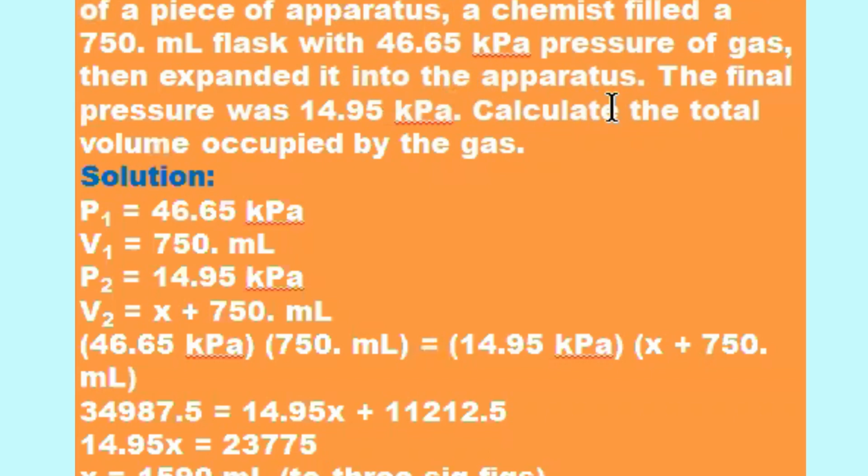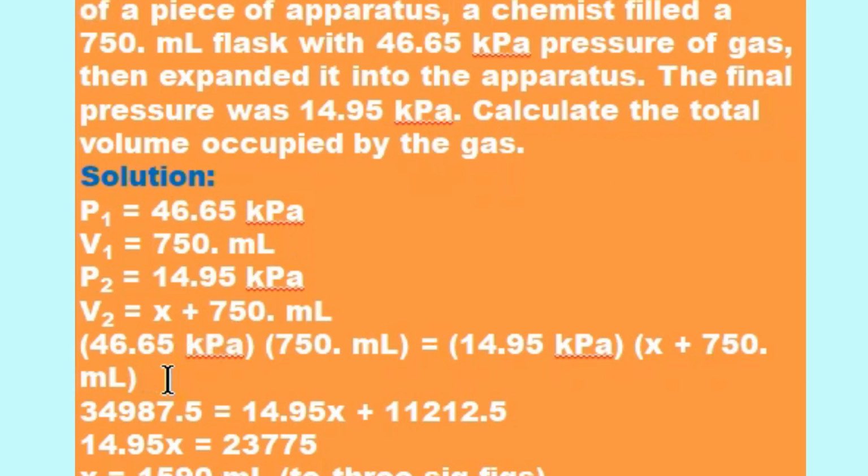Expanded, which means the volume is increased. The final pressure was 14.95 kilopascal. Calculate the total volume of the apparatus. We have P1 46.65 kilopascal, V1 is 750 milliliter, P2 is 14.95 kilopascal, V2 is X plus 750 milliliter.